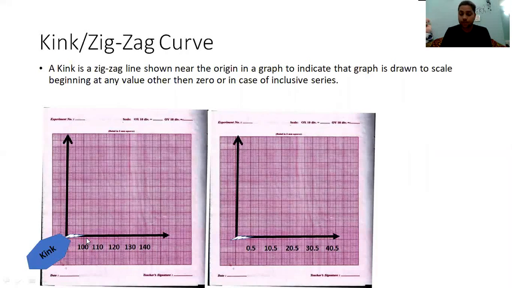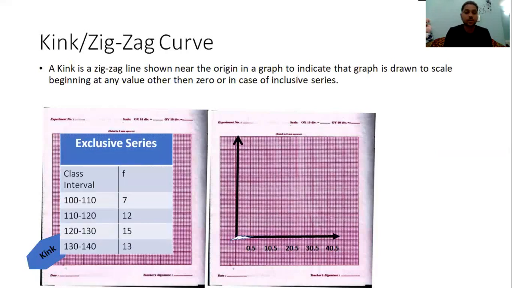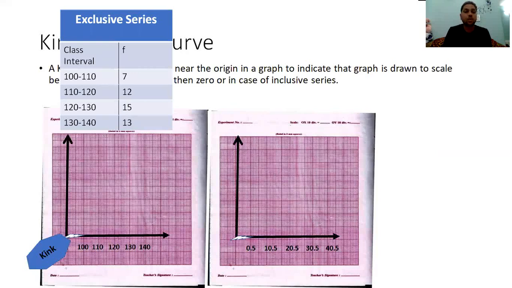Okay. For example, while drawing any histogram or frequency polygon, if the class intervals start from 100 to 110, this does not begin from 0. So the value is from 100 to 110 here.